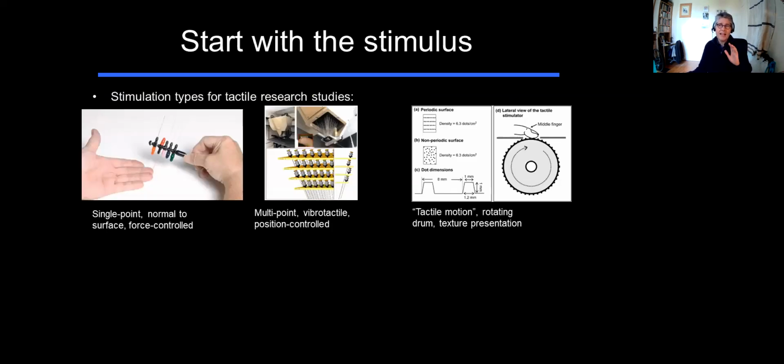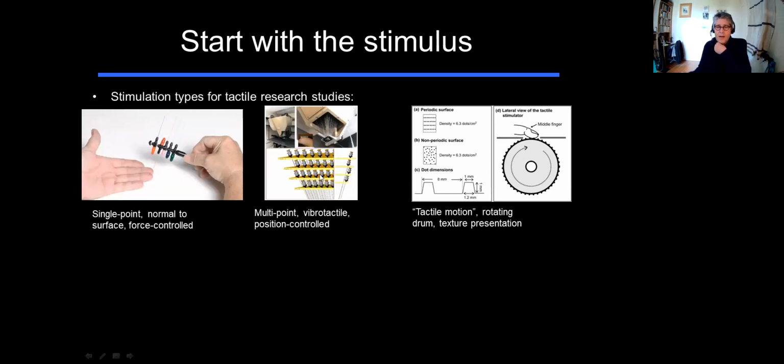So a really good principle in studying any sensory system is to always start with the stimulus and to be aware of what your stimulus is, because your stimulus will stimulate some receptors. The receptors are the cells in your body which convert the energy in your stimulus into electrical impulses in your nerves.